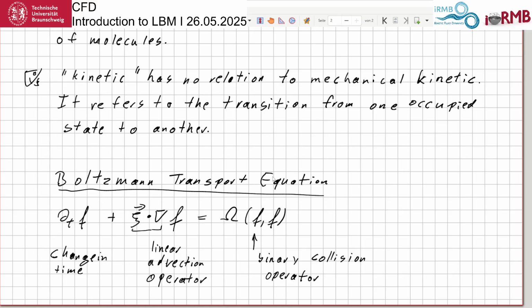Okay, so this here is an operator because it acts on F. This here also is an operator because it acts on F, but this here, you see, the F is inside.